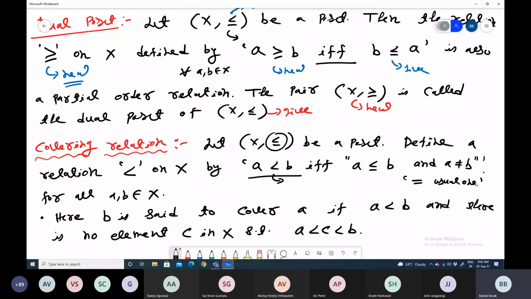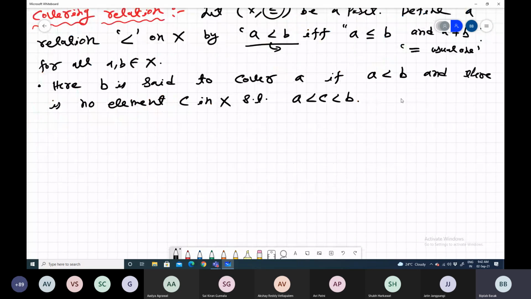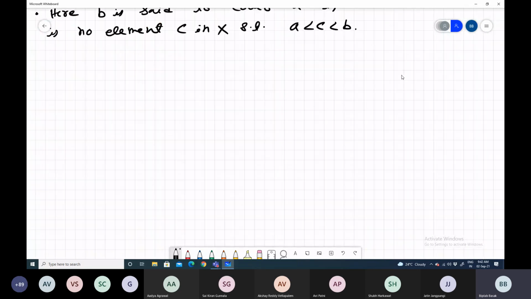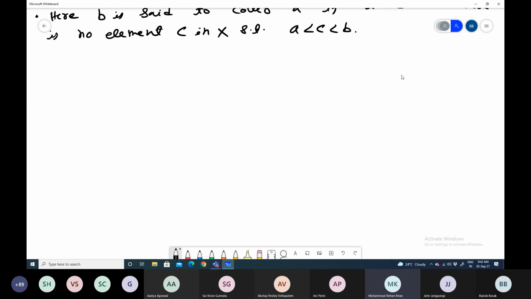In natural numbers and real numbers, we have a natural ordering. Those relations come from here only. So now we will see one example, then it will be totally clear to you.